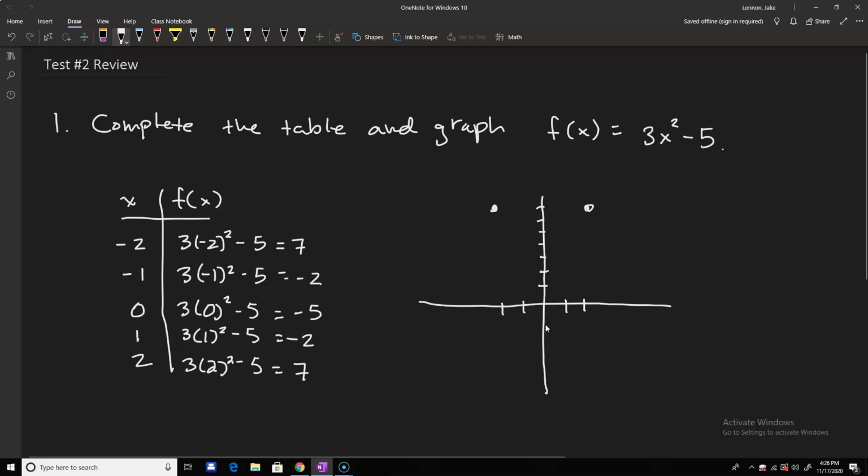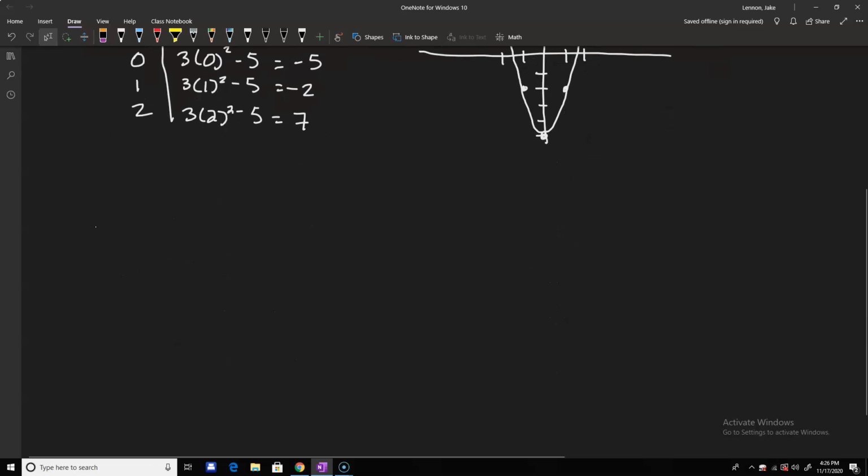At -1 and 1 we're at -2. And we're all the way down at -5 at our minimum value. So our parabola is the kind of U shape that passes through these 5 points. So basically plugging in points and being able to graph them, pretty straightforward.